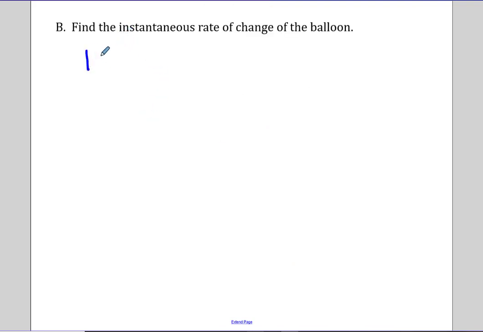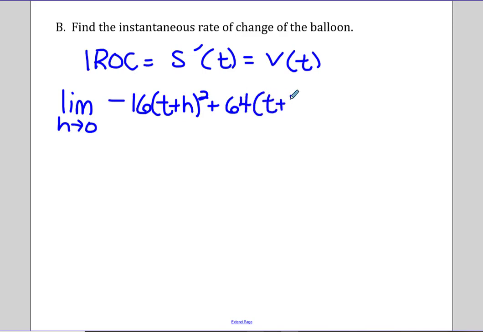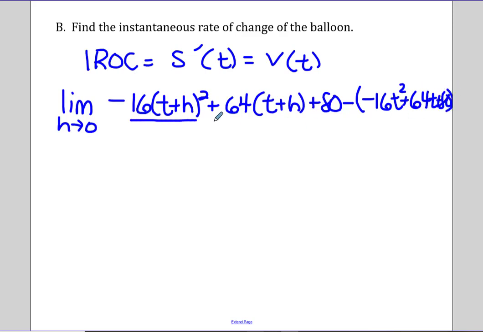If we want the instantaneous rate of change, that's going to be the derivative, which is the velocity function. So to find that derivative, we want to take the limit as h approaches 0 of negative 16 times t plus h squared plus 64 times t plus h plus 80, and we're going to subtract negative 16t squared plus 64t plus 80 and divide that entire thing by h.